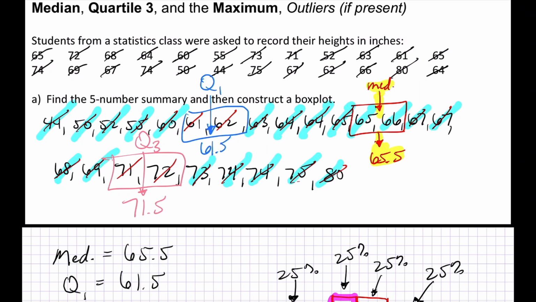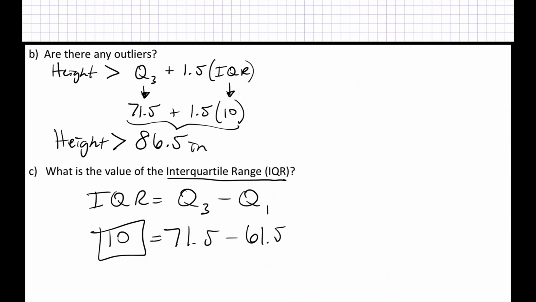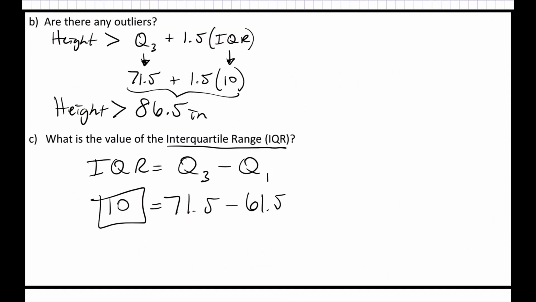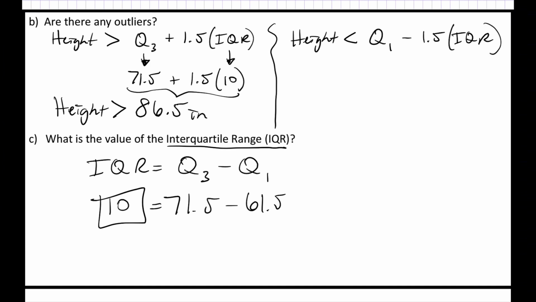We said 44, right? That person that was 44 might be too short. So we're going to do the same thing. This one is very similar, just uses a couple different things. Height has to be less than Q1 minus 1.5 times the IQR. So we're subtracting instead of adding, and we're using Q1 instead of Q3.